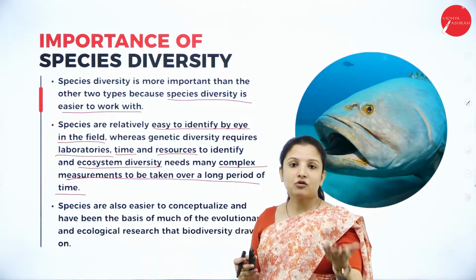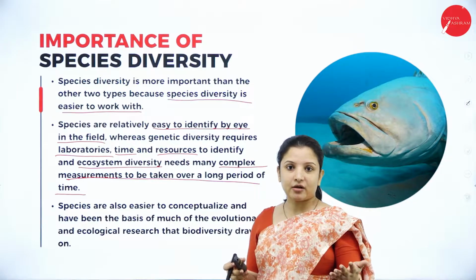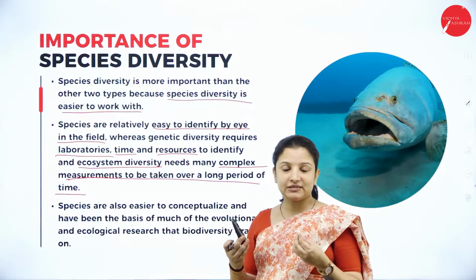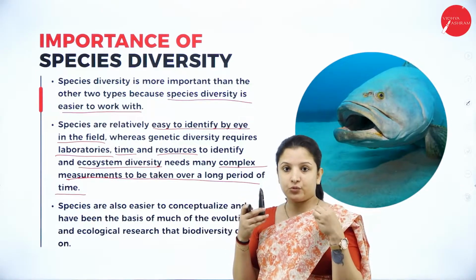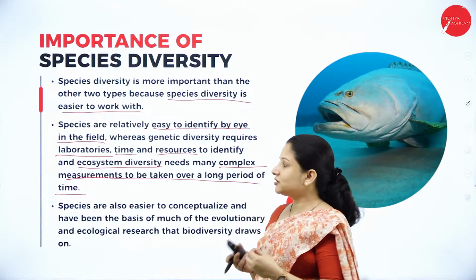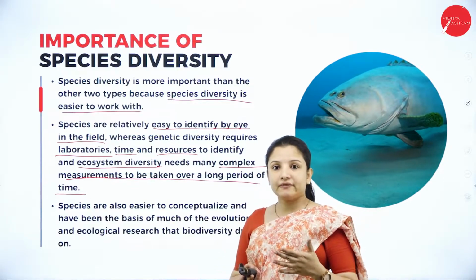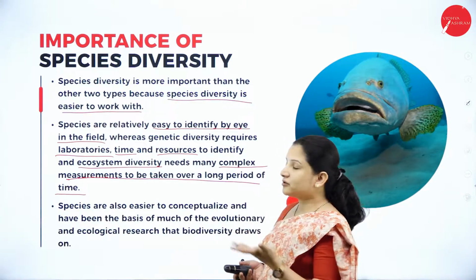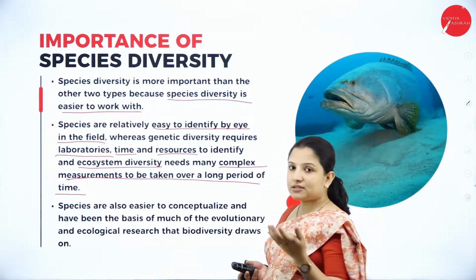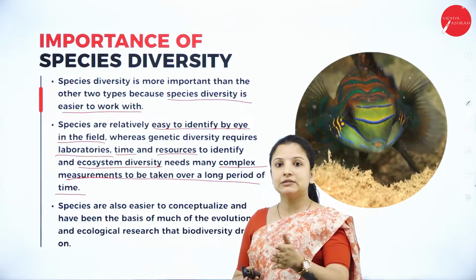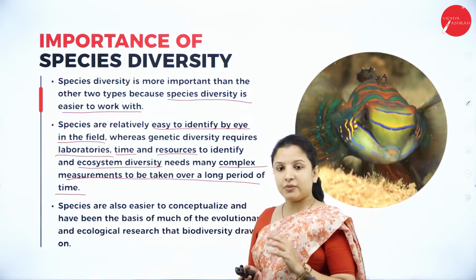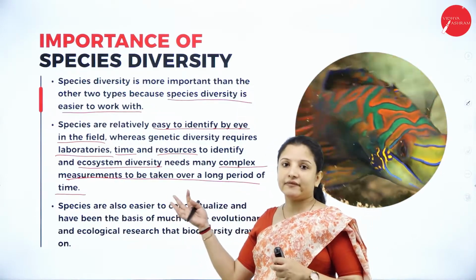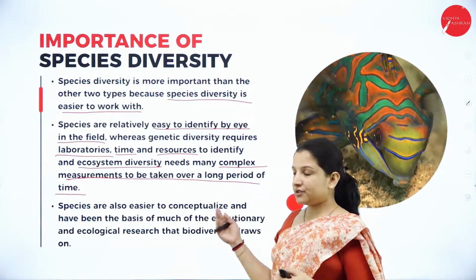Say, for example, the coral reef that comes under the aquatic ecosystem. Corals themselves harbor millions of different species, of which we don't even know the names of a few. So learning about ecosystem diversity and genetic diversity is quite difficult when compared to species diversity, because with species diversity, just by looking at the organism itself, you can differentiate between them, which is not possible in genetic diversity and ecosystem diversity, where it is very vast.